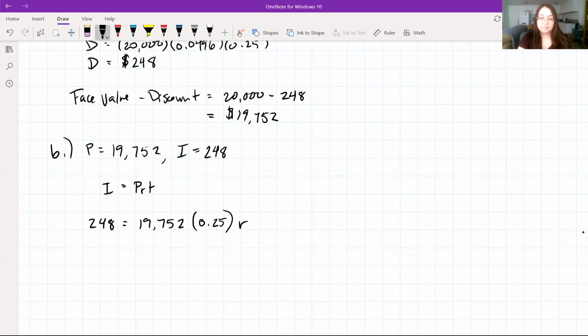So now we have R. We're going to multiply 19,752 by our time, 0.25. So 248 is equal to 4,938 times R. Since we're just finding R, we're going to divide each side by 4,938.